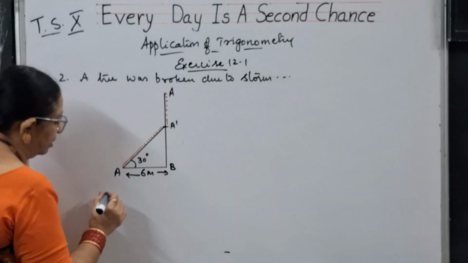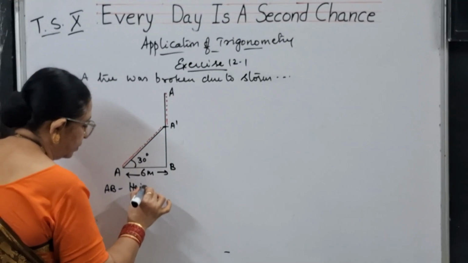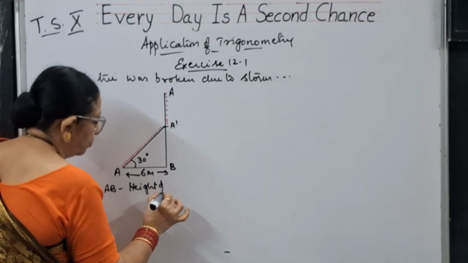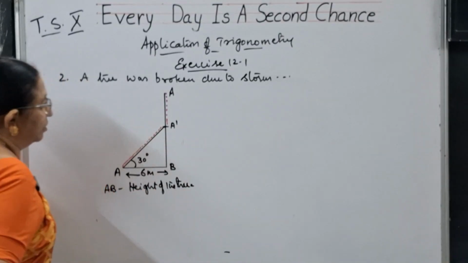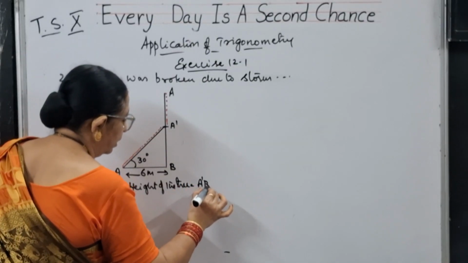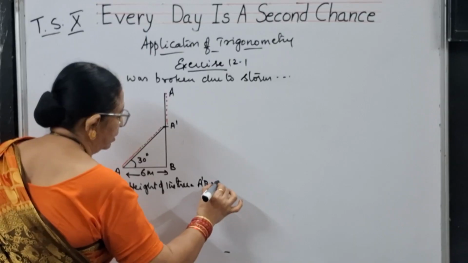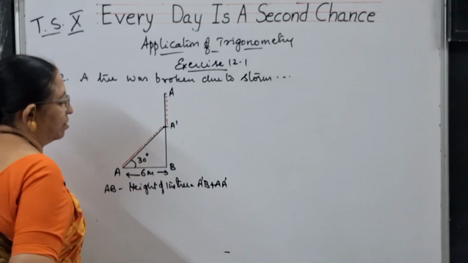So what you will say, AB is the height of the tree. Actually, this height of the tree is nothing but A'B plus A'A. If you add, you will be getting this is equal to this.